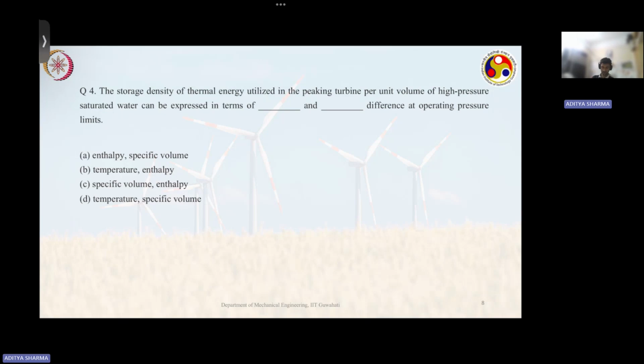So question number 4 states that the storage density of thermal energy utilized in the peaking turbine per unit volume of high pressure saturated water can be expressed in terms of, and 4 options have been given.